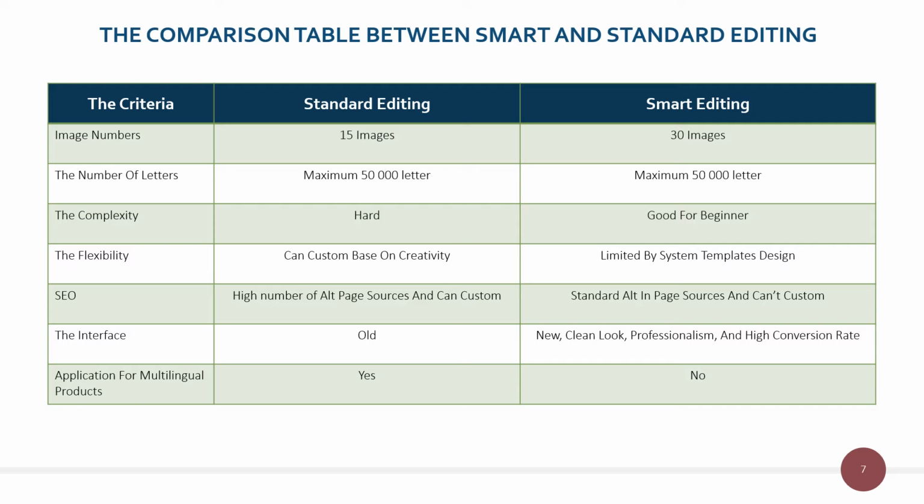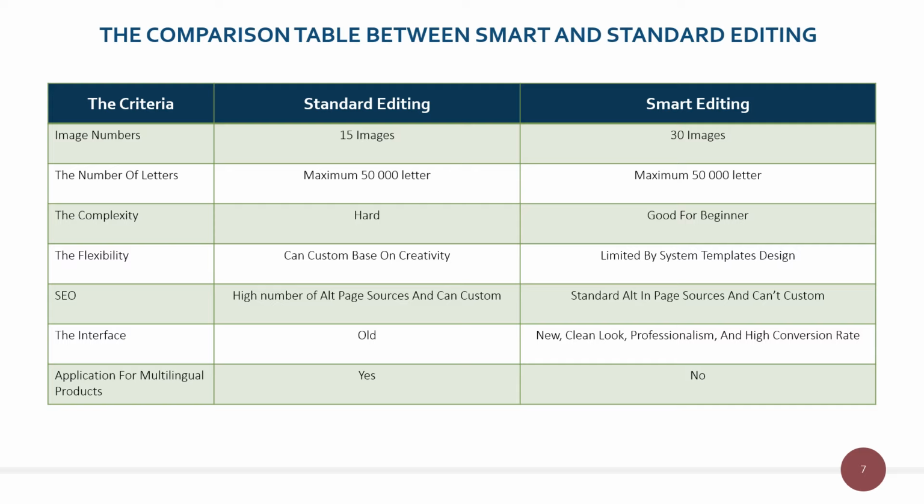For the complexity, the standard editing will be hard because it doesn't have anything. You need to add everything on your own. The smart editing is good for beginners, as I mentioned earlier, because it already has the template. You just need to write the content directly into your product page template. And for the flexibility, with the standard editing, you can customize based on your creativity.